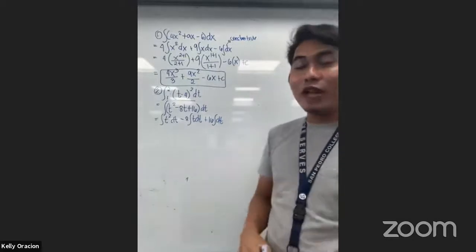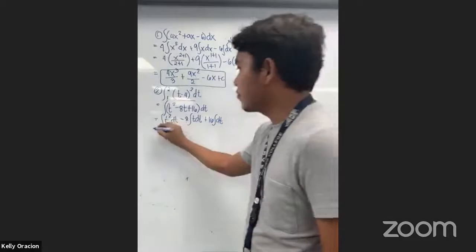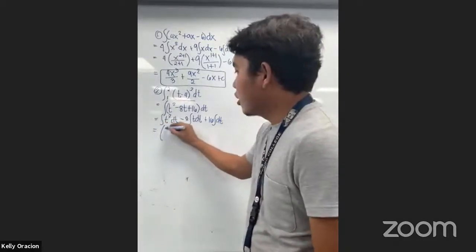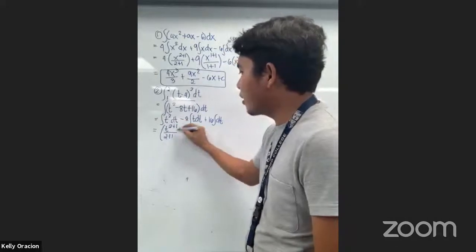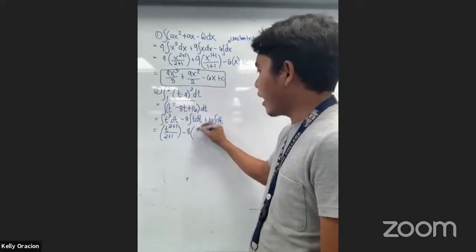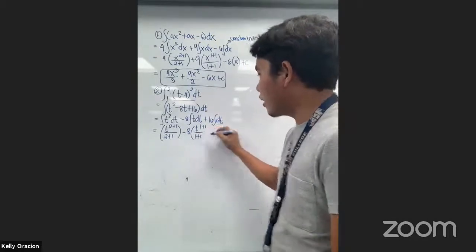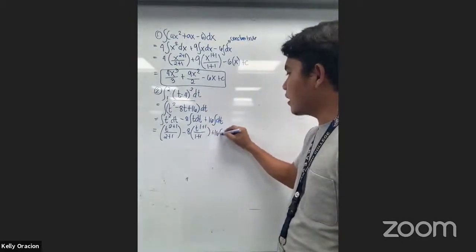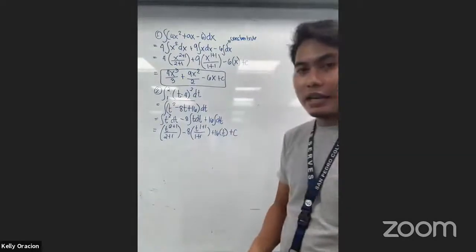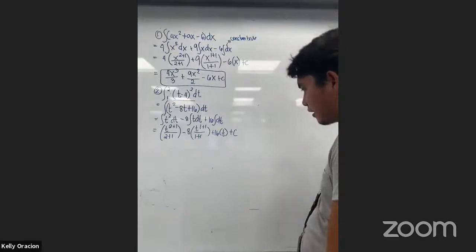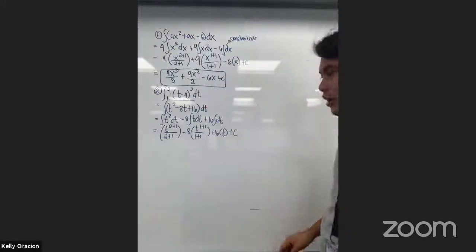Okay, this exam is a bit difficult. So let's solve. So t squared plus 1 over 2 plus 1 minus 8 times t to the 1 plus 1 over 1 plus 1 plus 16t plus c. Okay?